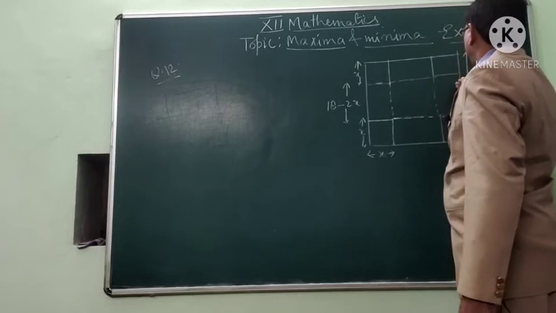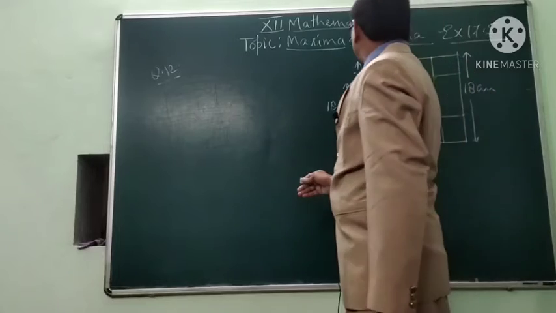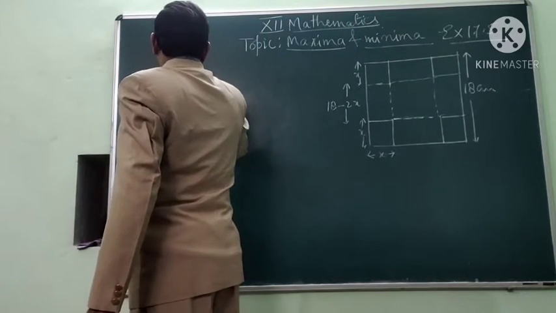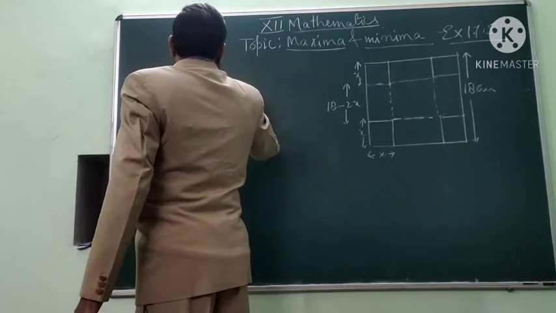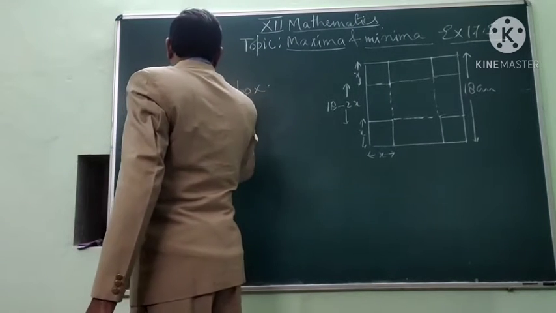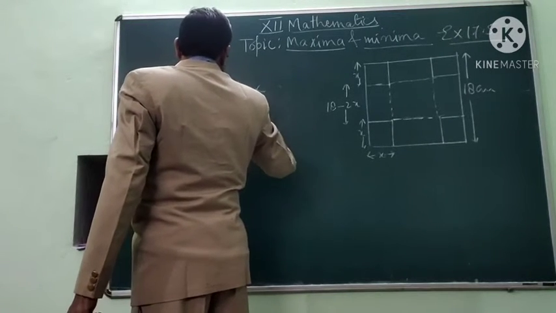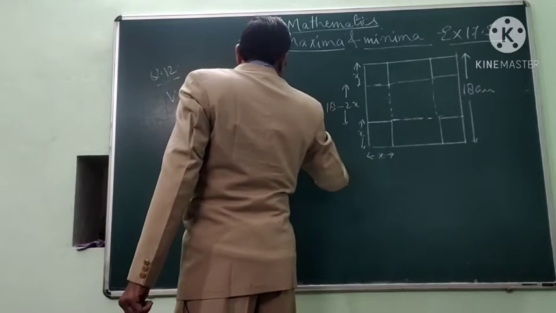This square is left and these flaps are to be folded. So the volume of the box equals the area of the base into height.